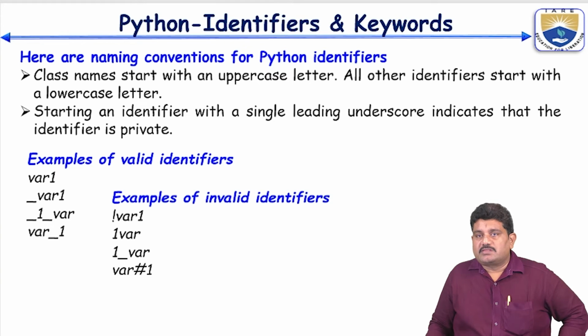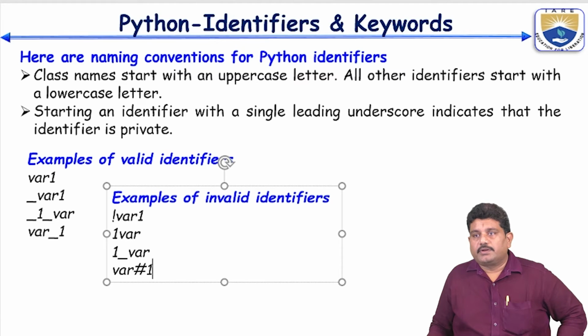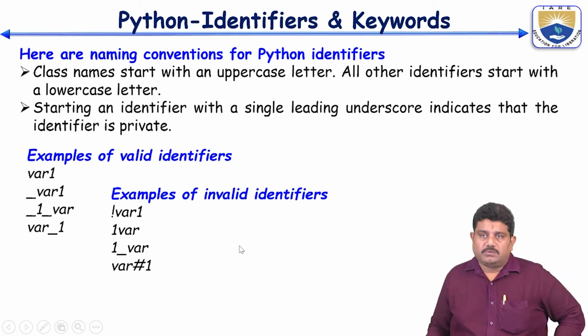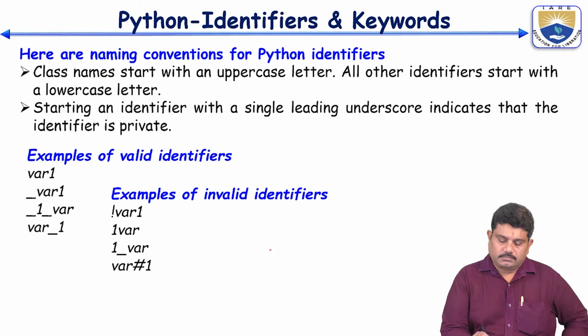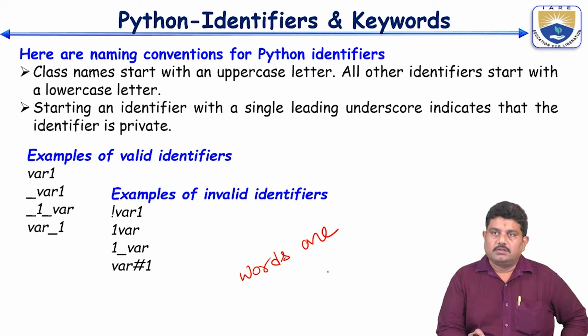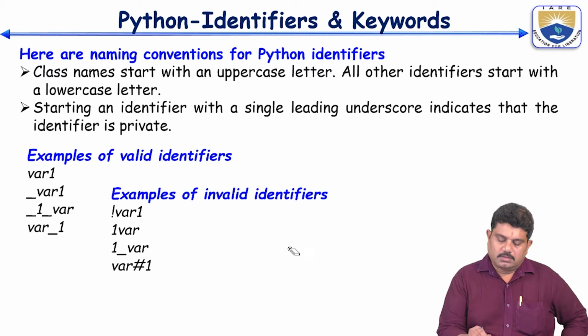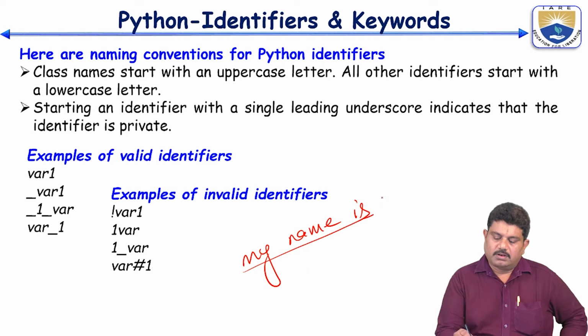Similarly, you cannot use white spaces in between the variable names. That is also invalid. For example, if you declare a variable like this, my name is, so in your meaning, my name is a single variable and you have assigned your name like this.